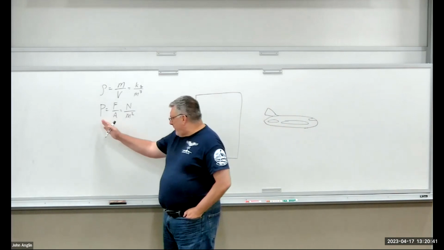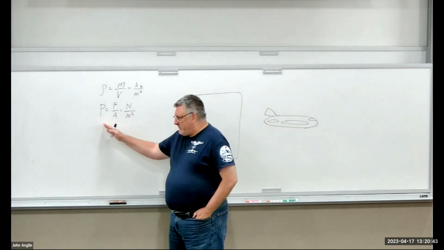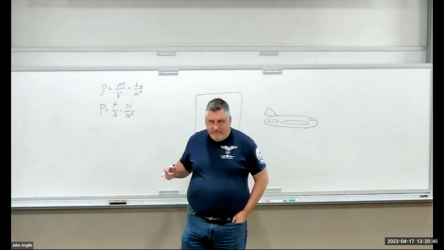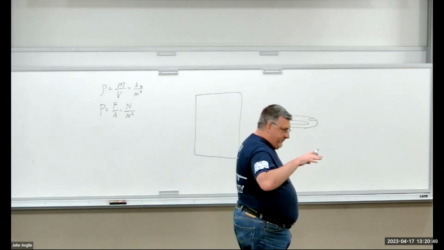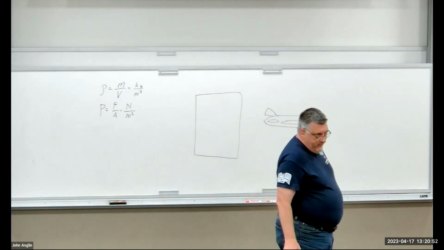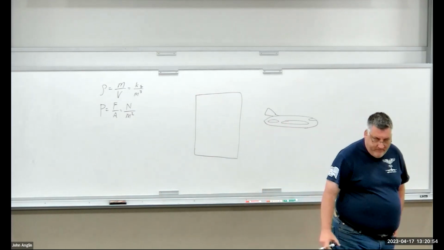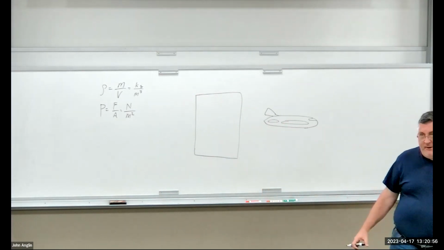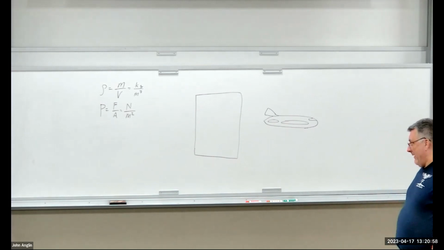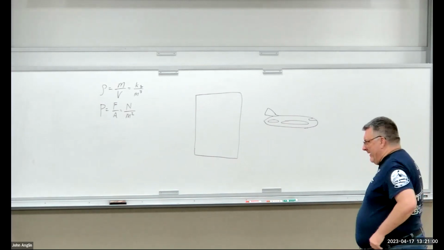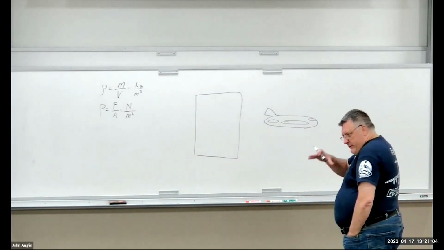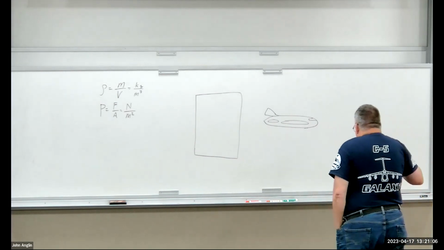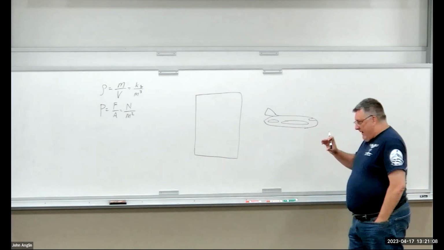So here's our pressure. Pressure is a function of force per unit area. So let's imagine that we have an aircraft that sits on the ground on a runway somewhere, let's say Little Rock. I happen to know the field elevation at Little Rock is about 500 feet above sea level, roughly. And we're going to talk about that in a second. But we have some baseline.